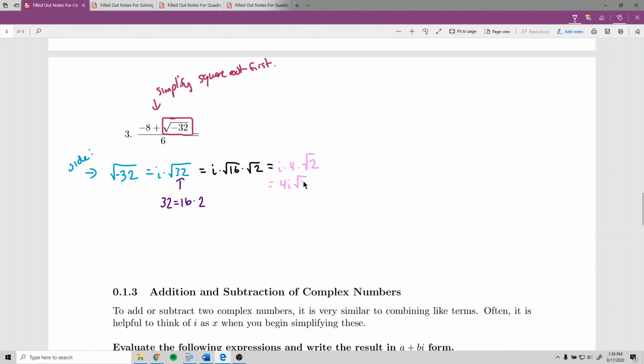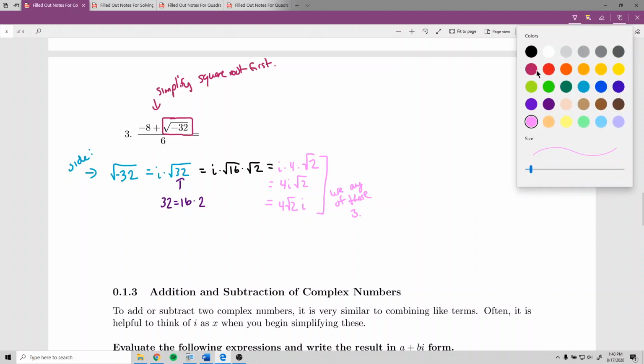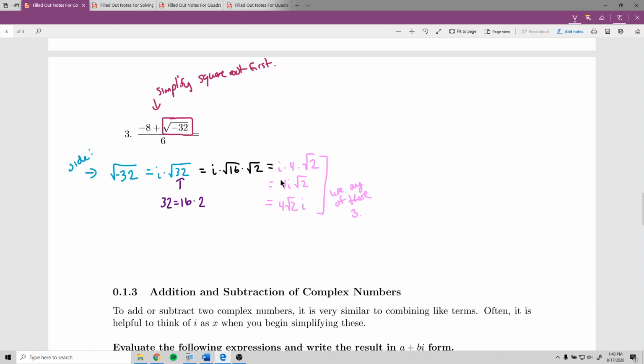So if you want to put the i in the middle, or if you want to put the i in the back, use either one of these 3. All right, but what I'm going to do is plug in the middle one. That's just the way I'm used to it. So I'm going to plug it in.